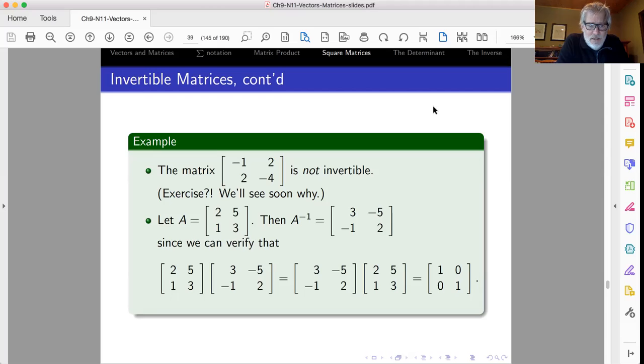The matrix A, 2 5 1 3, turns out that its inverse is the matrix 3, minus 5, minus 1, 2. And how do you check that? Well, if you multiply them together, in either direction, you're going to get the identity matrix, which again, for matrices is like the 1 for real numbers.